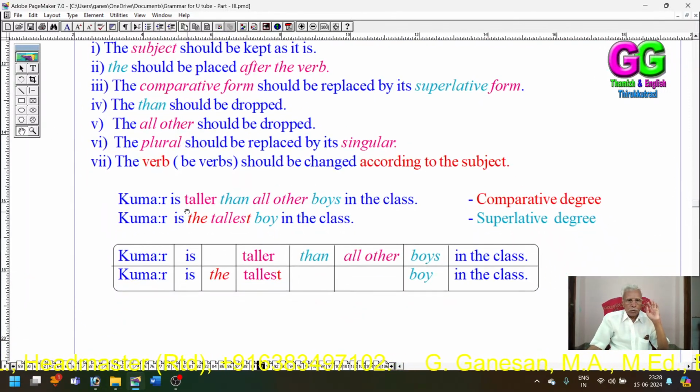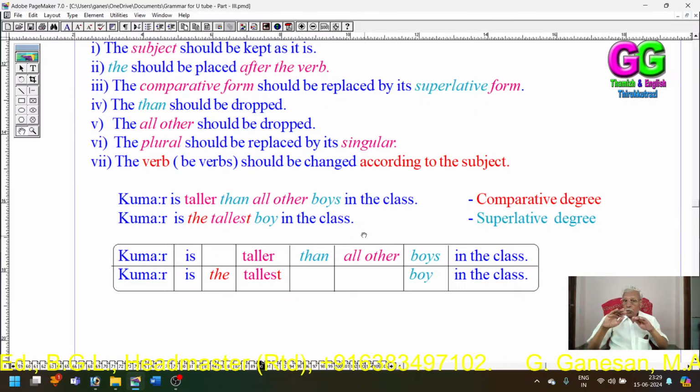Comparative: Kumar is taller than all other boys in the class. As you asked in the last example, we see Kumar is the tallest boy. Superlative: Kumar is the tallest boy in the class. My dear students, when we interchange comparative and superlative, there will be no change in the subject and the verb.